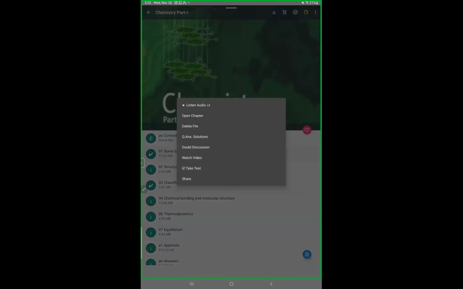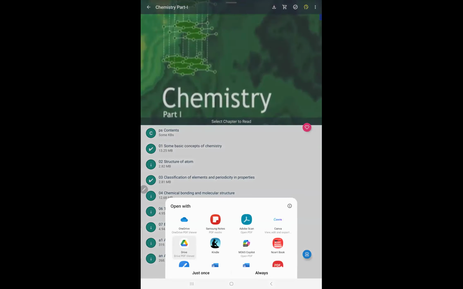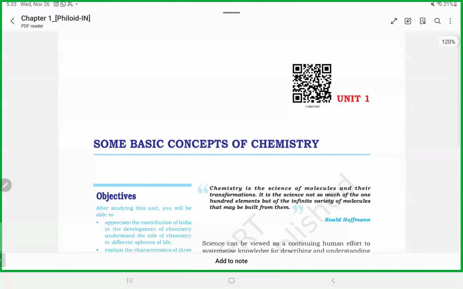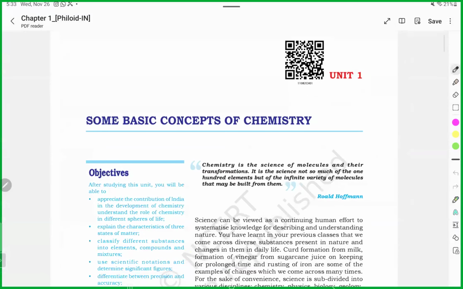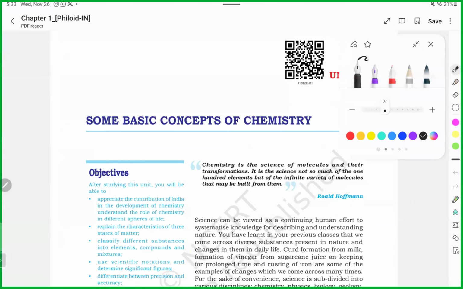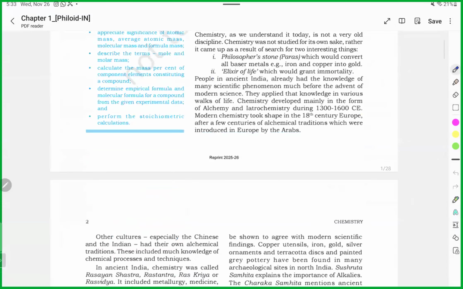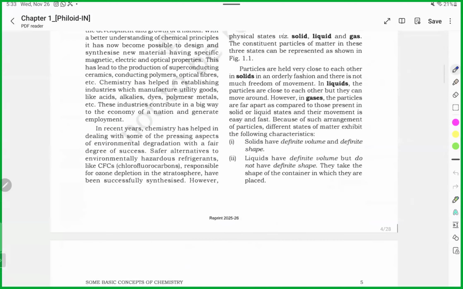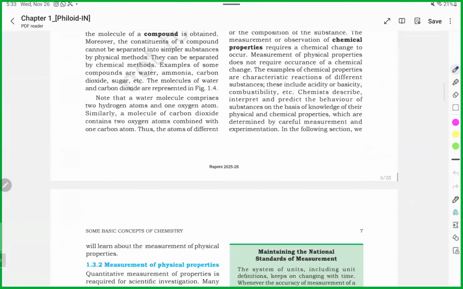So towards the end of the class, can you explain isostars once again? Yes. Where is the question?